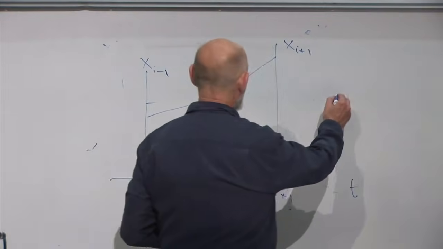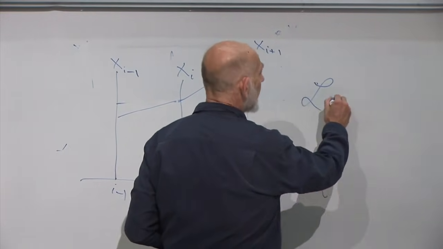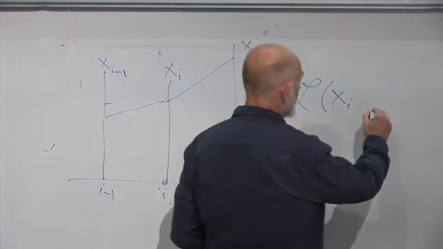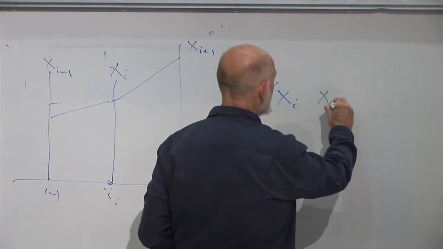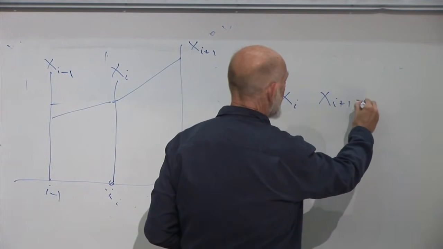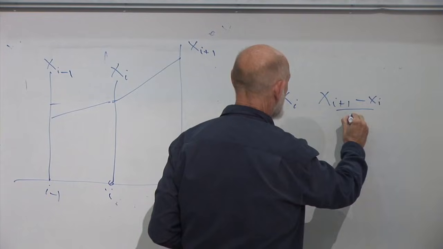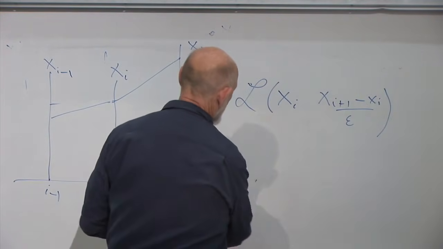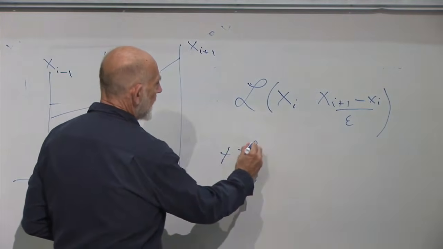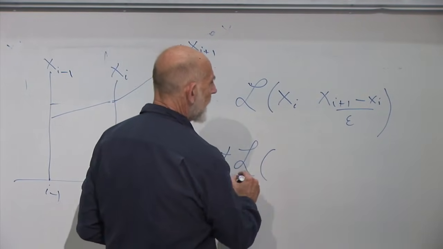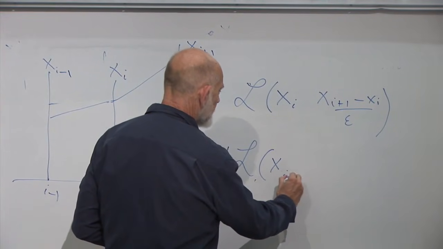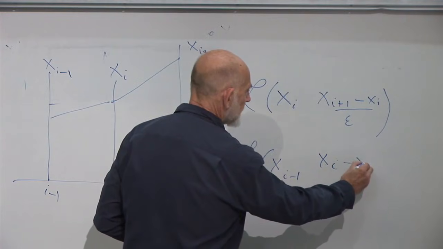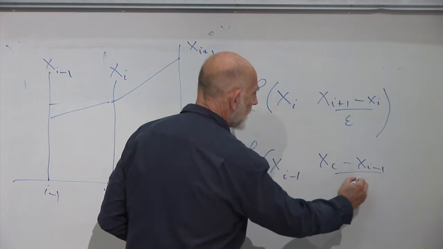These two terms are L of xi, I'm rewriting what's there, xi plus 1 minus xi over epsilon, plus L of xi minus 1, xi minus xi minus 1 over epsilon.